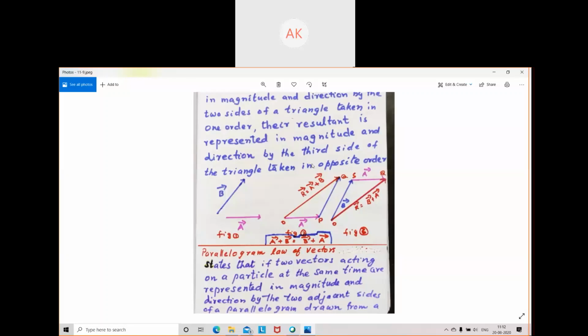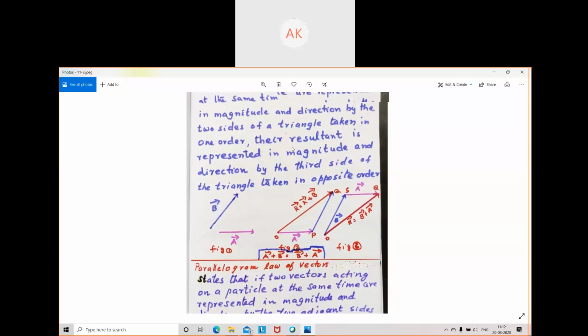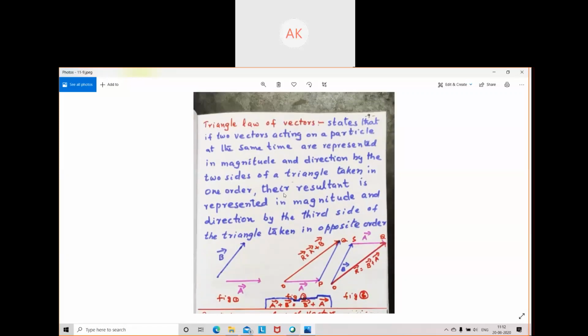So what we have seen here, we have used the triangle law of vector addition. If vector A and vector B can be represented as the two sides of a triangle in the same order, then the third side of the triangle in the reverse or opposite order will give the magnitude and direction of the resultant. So the statement I will show you. What all things you have to be careful about.